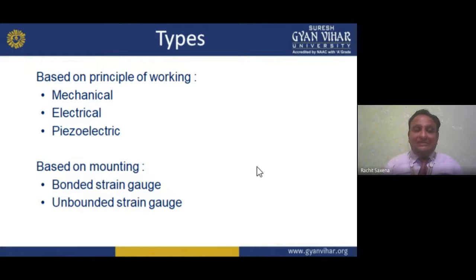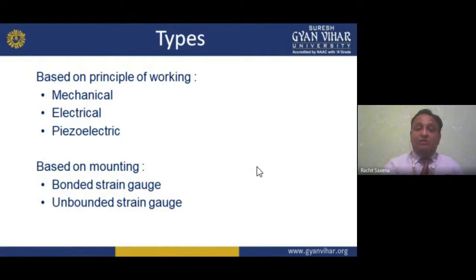And if I divide based on mounting, how we are placing it, we have two types: the bonded strain gauge and the unbonded strain gauge.